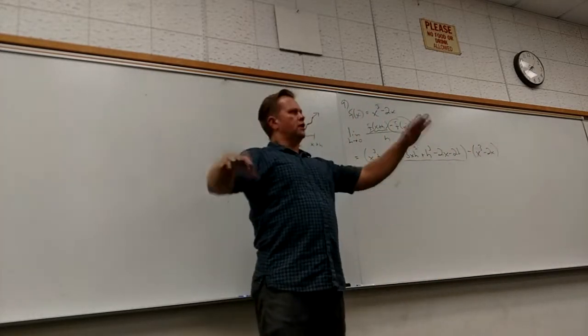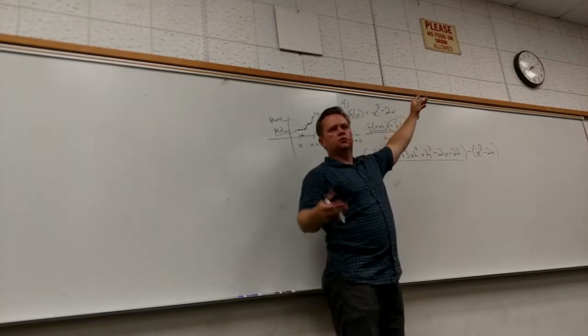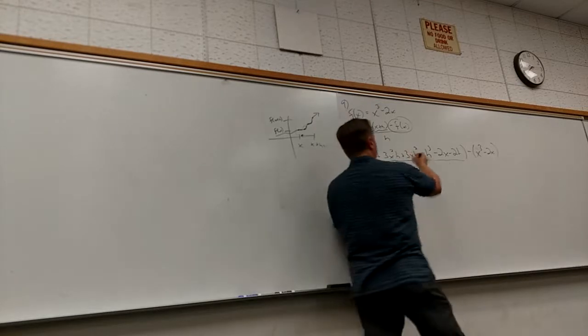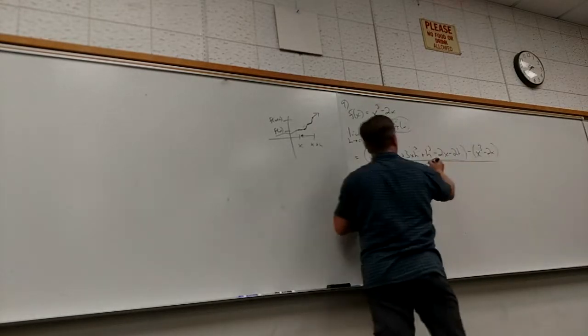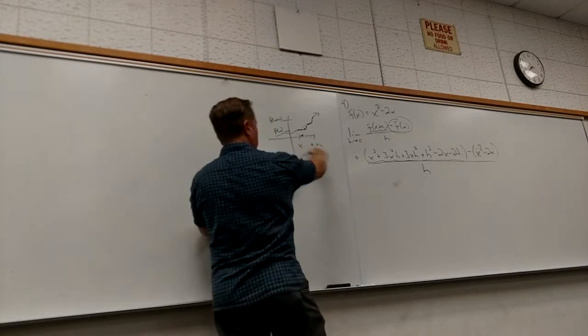One thing people kind of forget: they feel like, I've written enough, that must be everything. No. You forgot to subtract f of x out. This is never going to work. And this is all going to be over h, because the difference in the x's is h.